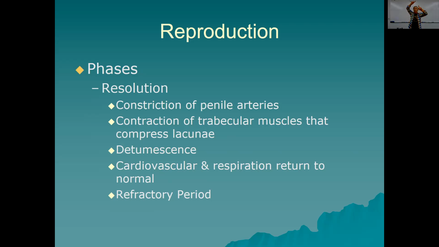So you hit climax, ejaculation, and then you go down to resolution, and you have a refractory period where you're not going to be able to do this again real soon. It could be pretty soon, on a different magnitude, longer or shorter, but there's going to be some kind of refractory period. We can't immediately do it again.